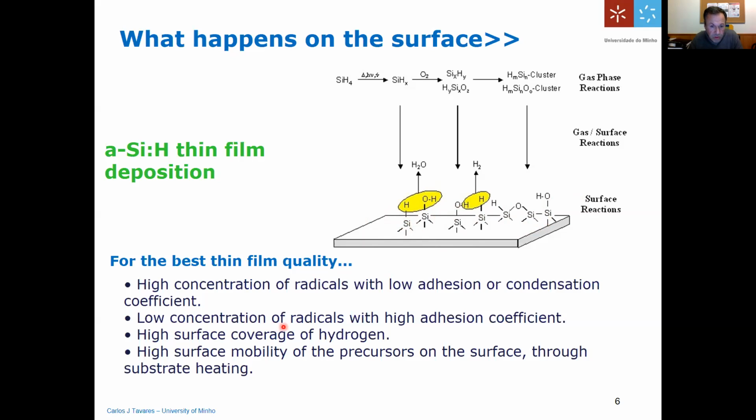So you have to have a low concentration of radicals with a high adhesion coefficient. You have to have a high surface coverage of hydrogen, so you can promote this hydrogenation with silicon. Then you have to have a high surface mobility of the precursors, so they can make a full coverage, in this particular case of silicon, on the substrate.